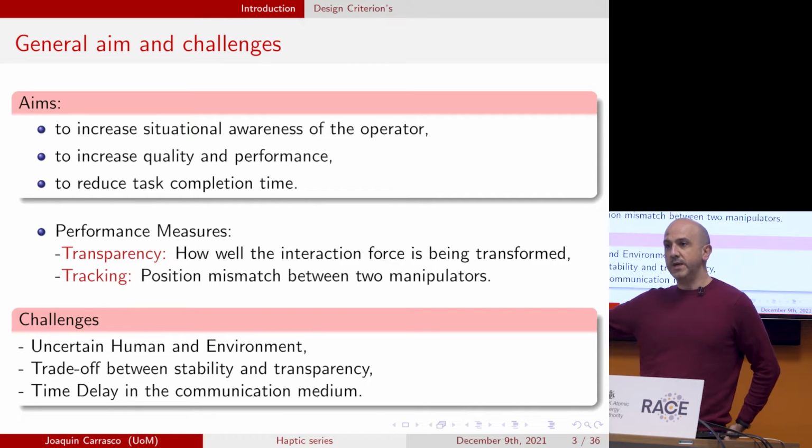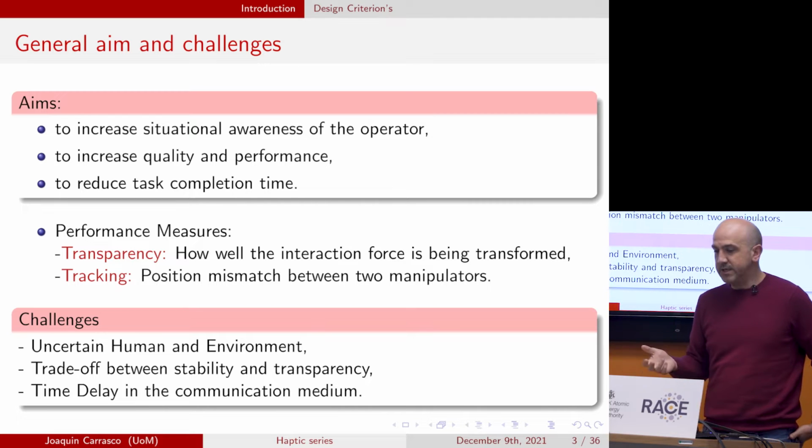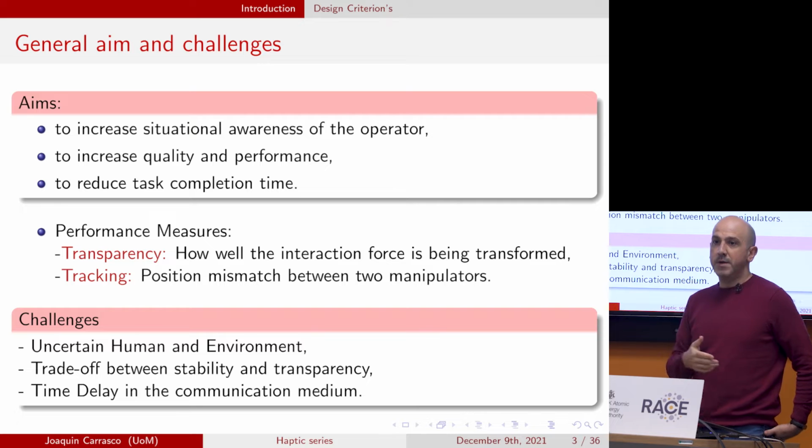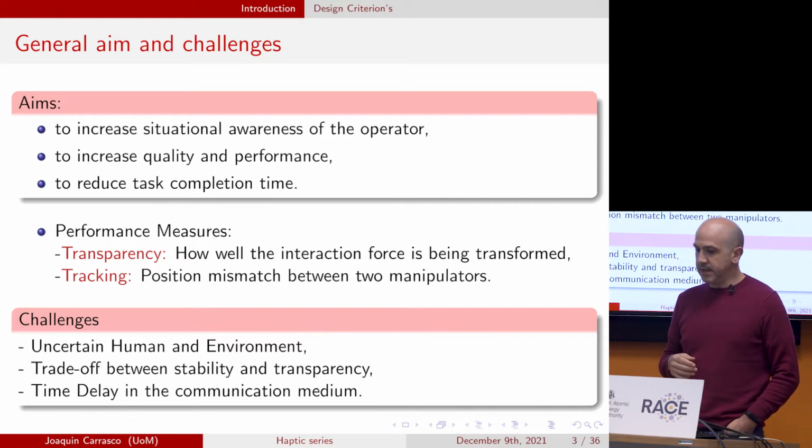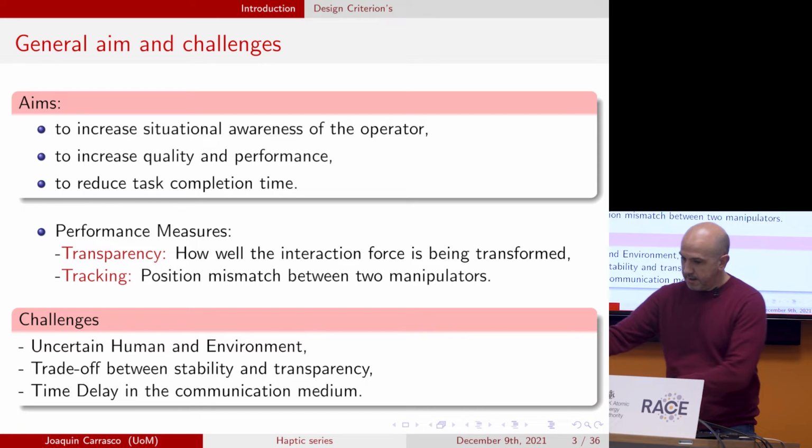And what the human is feeling is coming from the remote side, and this will produce a delay in the loop. And as we will see, the delay is one of the main issues in a control system, or why the control system can behave in an unstable way.